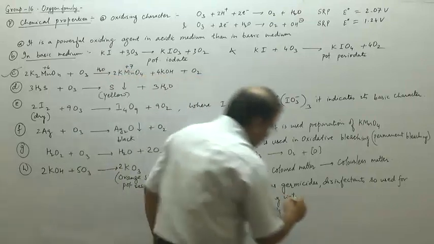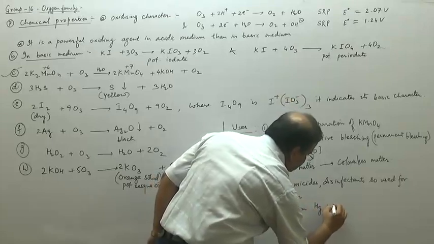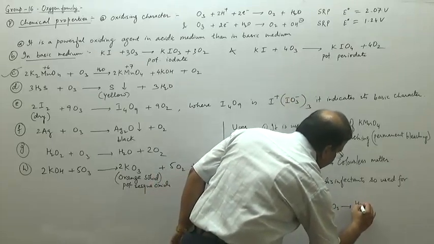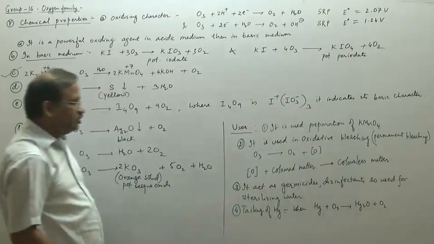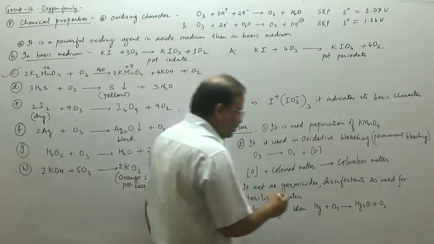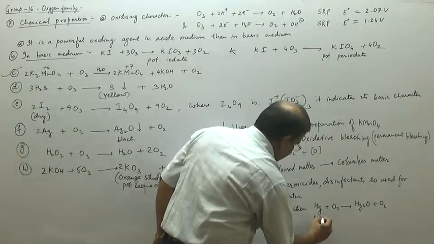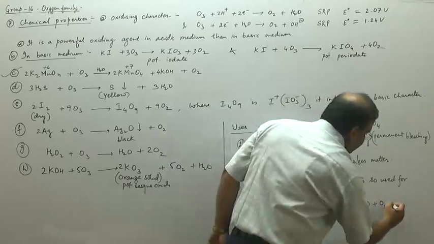So when Hg reacts with O3, it converts into Hg2O plus O2. It should be pure mercury that reacts like this.